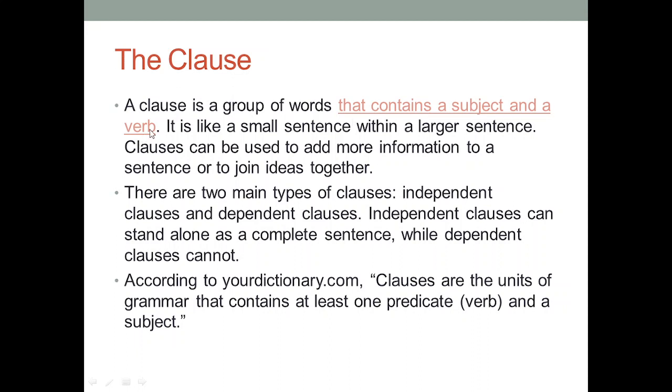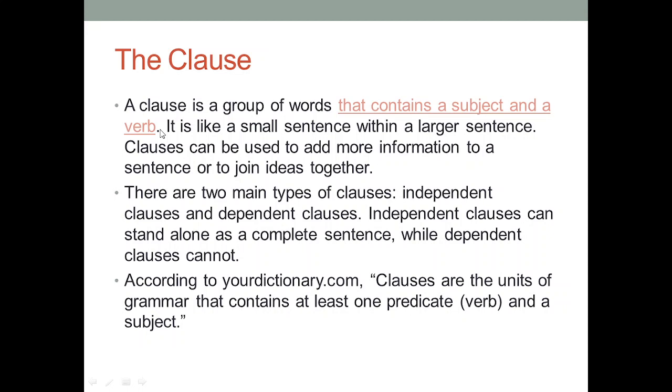So it is also a group of words just like the phrase, but it has a subject and a verb. Note the difference between clause and phrase: a phrase doesn't have any subject or verb, but a clause has a subject and a verb.